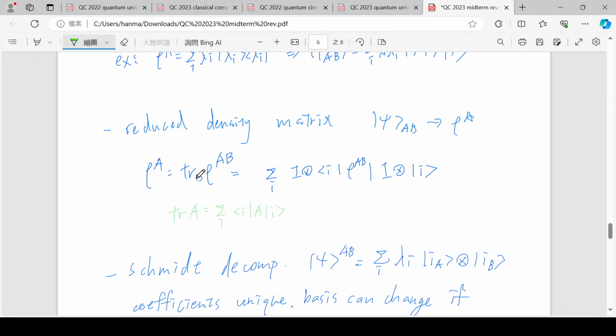That is you trace out the B part, and so basically you do this thing. Remember, the trace of a matrix is where you look at the diagonal elements of the matrix, as same as sandwiching with all the basis elements i and summing over all those i. Then for the partial trace, we do this sandwich with i only on the second register, and then we just tensor identity on the first register. So partial trace is like this.